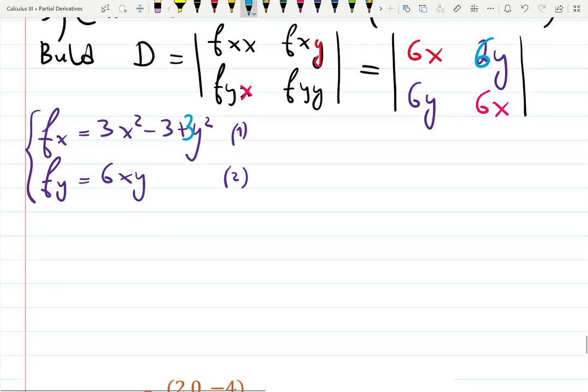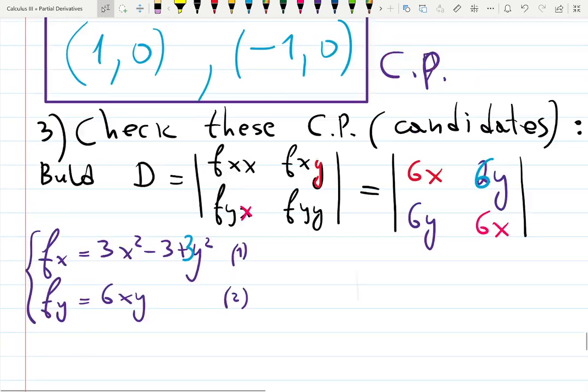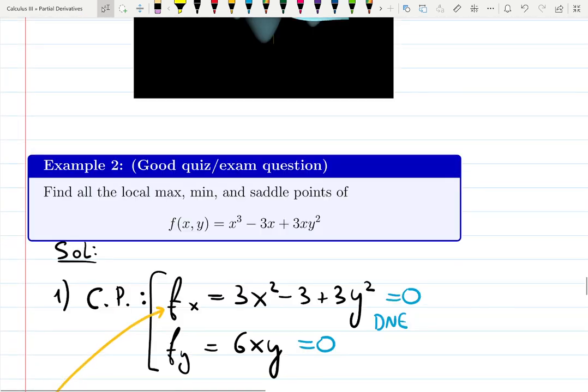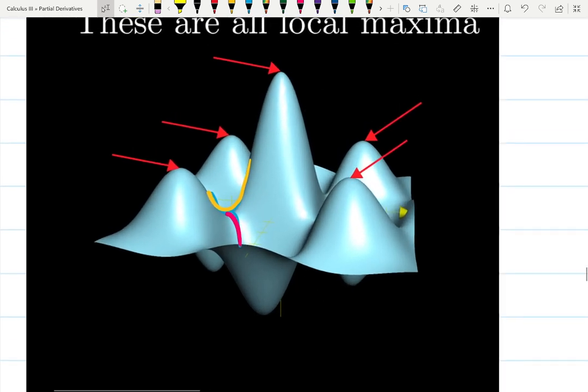Now we have symmetry. One more question. Are the f sub xy and the f sub yx always supposed to be equal? Good question. We definitely had a theorem about this. If functions are continuous, and usually we look at functions or curves or surfaces which are continuous, they're smooth. There's no gaps, like a waterfall.